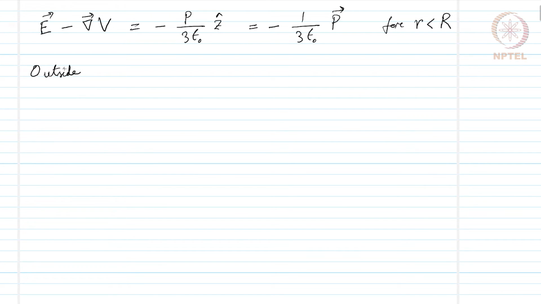Outside the sphere, the potential is identical to that of a perfect dipole at the origin. The potential for a perfect dipole at the origin is 1 over 4 pi epsilon naught, the dipole moment p dot r cap over r squared.